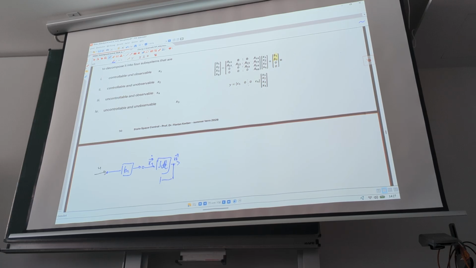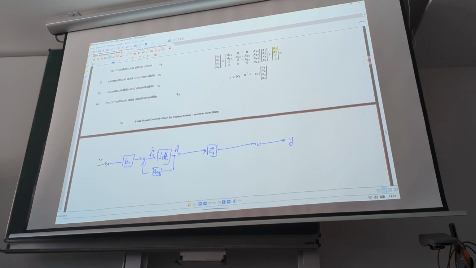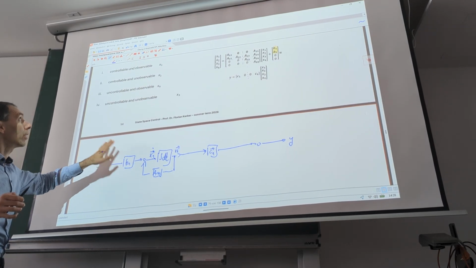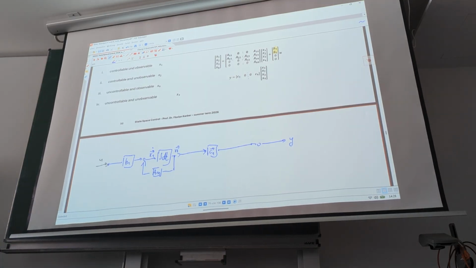This will be fed back via the A11 and via the Z1. Probably should put a transpose here, but never mind. So this goes to the output Y. That's the part of x1. We can see that this is affected by the input. So if the A11 is controllable, then we could control the full thing. And it is also seen in the output, so it should be observable.